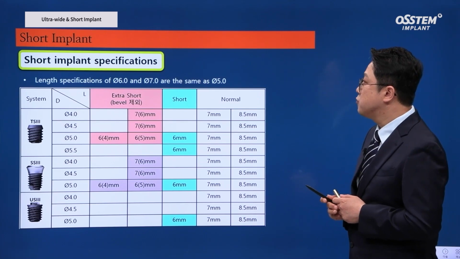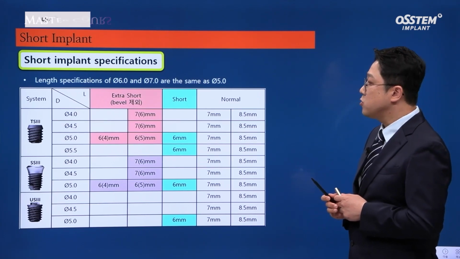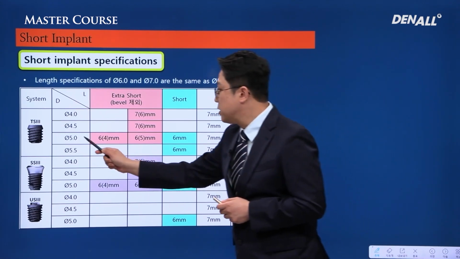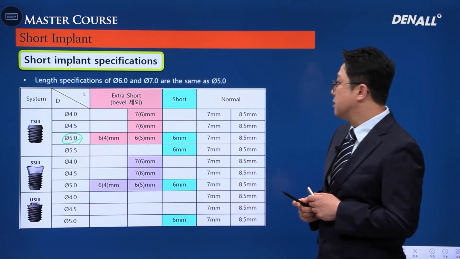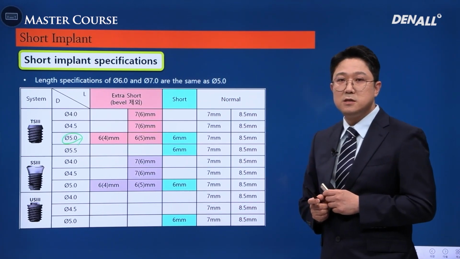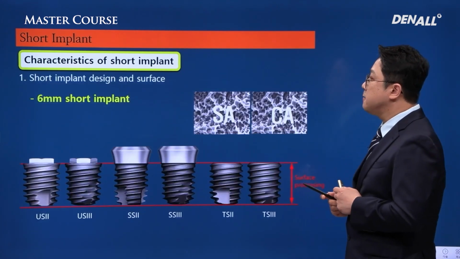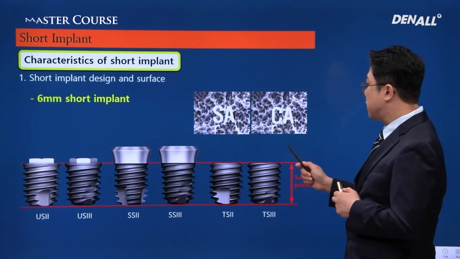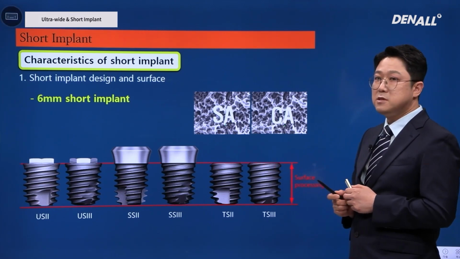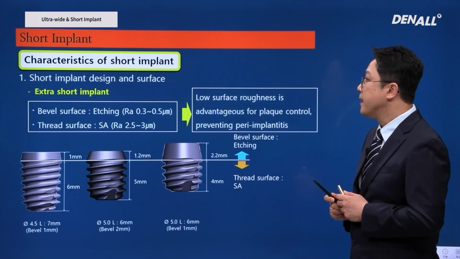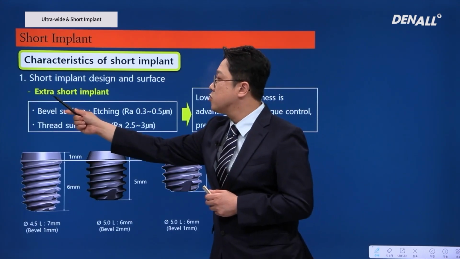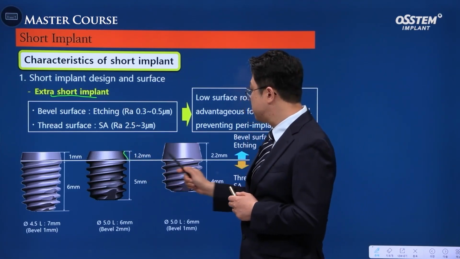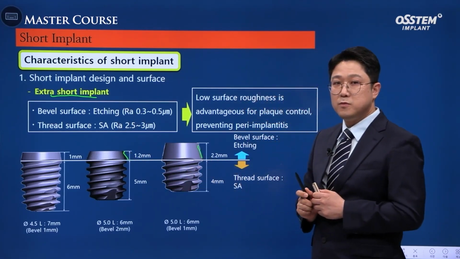If you look at the specifications, short implants come in 5.0 diameter and above. Short implants refer to 6 mm and below. In the case of the 6 mm implant, the surface and design, SA and CA surface, like general implants, are provided. In the case of extra short implants, as mentioned, because it has a bevel, the length that goes into the bone is 5 mm and 4 mm.